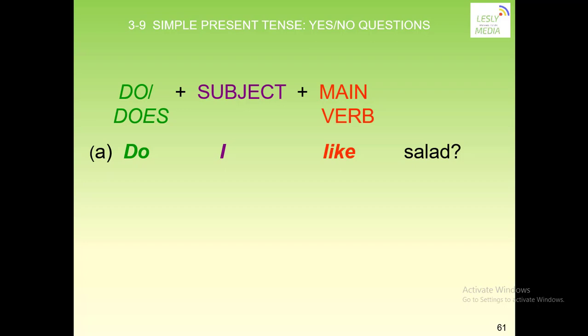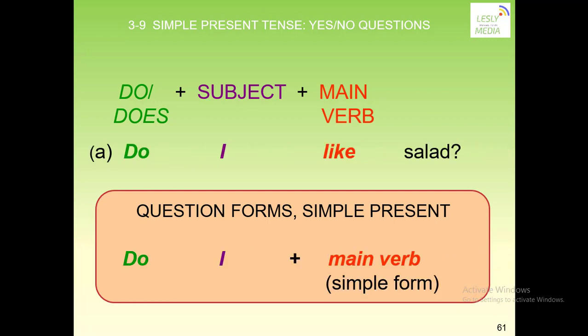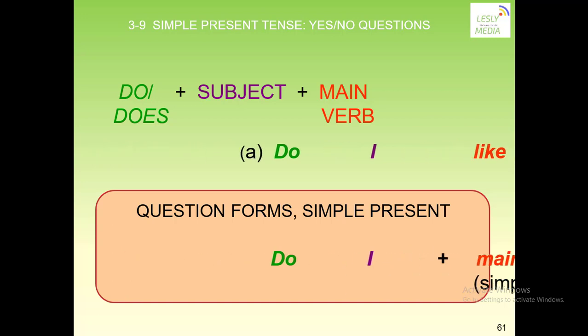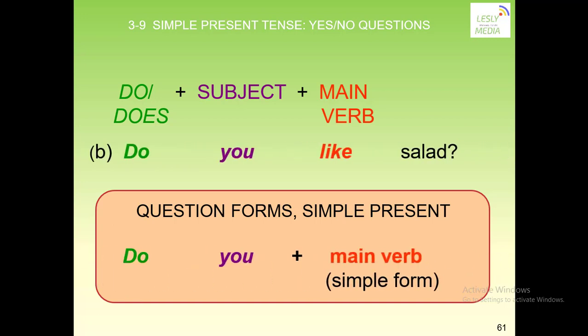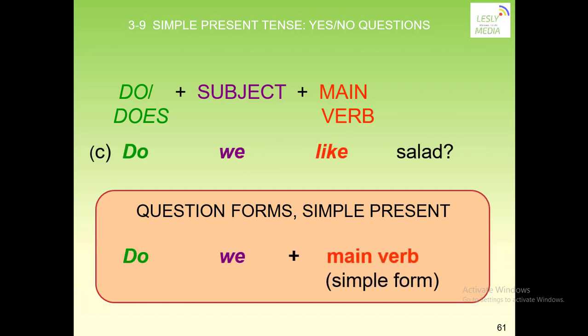Verb yang digunakan di sini adalah verb one ya. Okay, for example, do I like salad? You will use do if the subject is I. Okay, next. Do you like salad? Do we like salad?